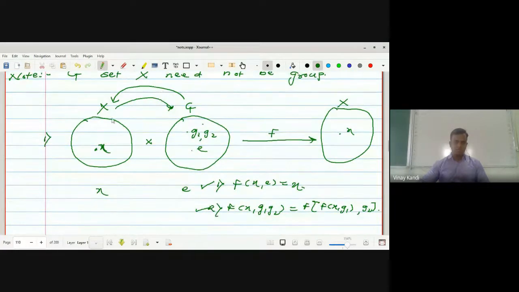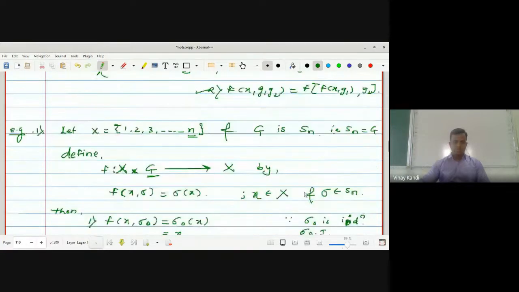Look at here, X cross G, f is the function from X cross G to X, where f of (x, e) is equal to x, and f of (x, g1 g2) is equal to f of (f of (x, g1), g2). Example: X equal to 1, 2, 3, 4, up to n. This finite set X is a G set for Sn.